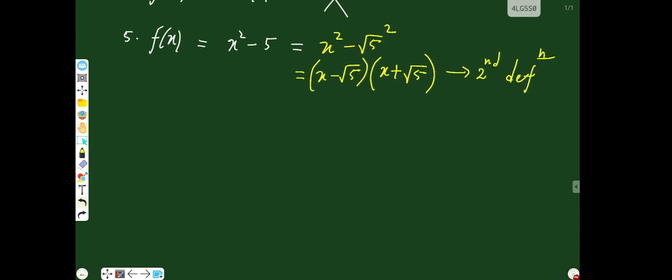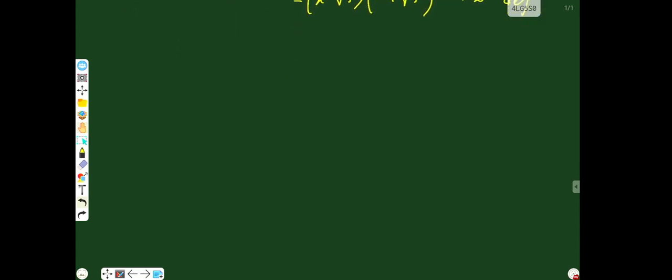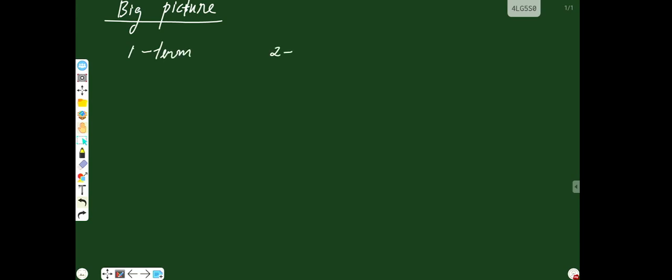Okay, so now the big picture, very important. If you think about the quadratics, there are three types of quadratics. One-term quadratics, then two-term quadratics, and then the next one is three-term quadratics.